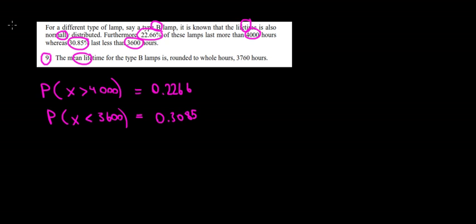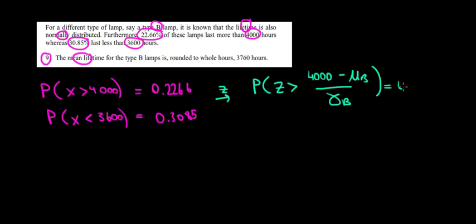But recall that to find out the proportions, we must know the z values. So we're going to standardize this into the z distribution. So what we're looking for is the probability that we have a z value greater than, and now we're standardizing 4,000, which is the difference between the 4,000 and the mean of the lifetime, which we don't know, which we're finding, relative to the standard deviation of these lamps, which we also don't know, and that must equal 0.2266.